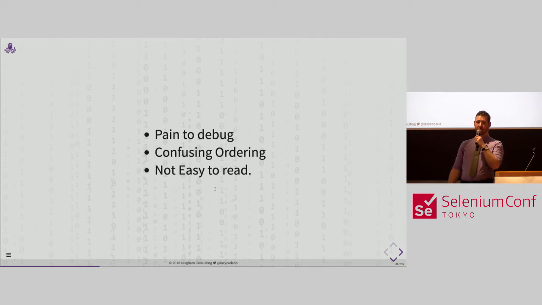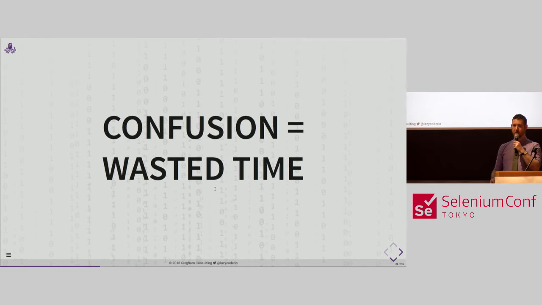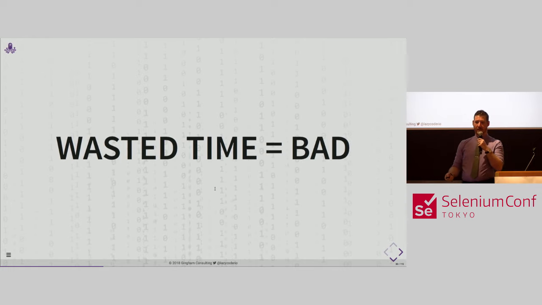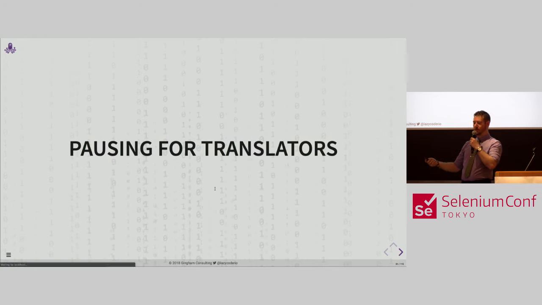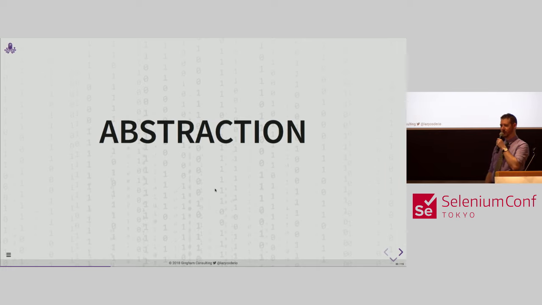And when it's really weird, it is not easy to read or understand. So, confusion equals wasted time, and wasted time is bad, correct? We're doing so far so good.